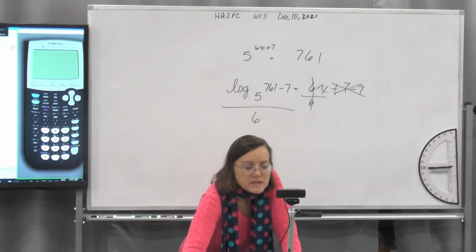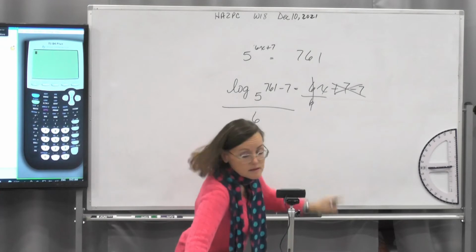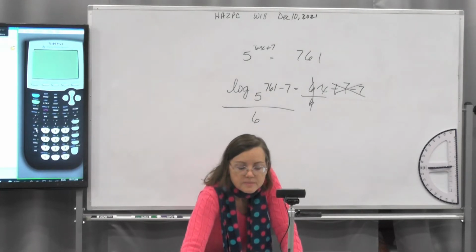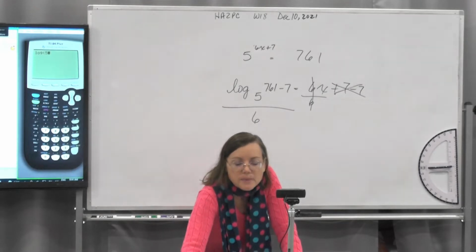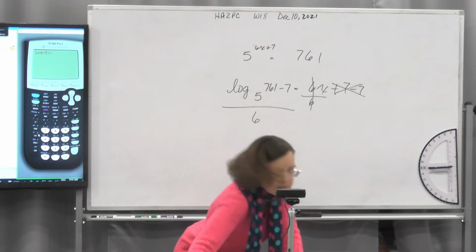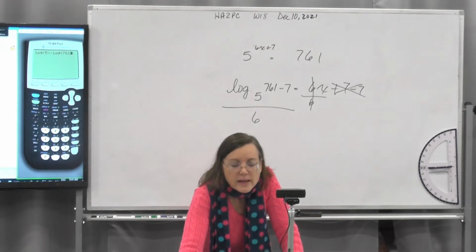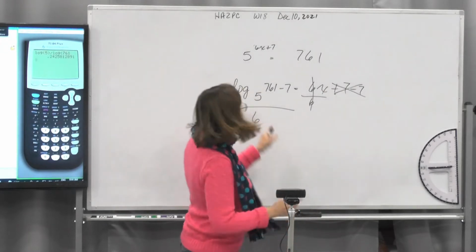So I think the first thing I'm gonna do is take the log of 5 divided by the log of, what is it, 761? Yes. Okay. And so that is this part here.